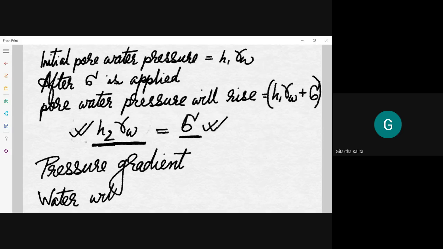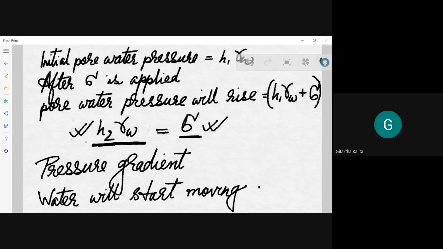Just remember that instantaneously water will not flow out in clay soil. So that's why water will take all the load. And then when there is a difference of pressure developed, water will start moving out.